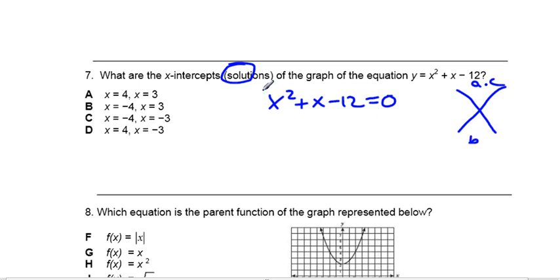A is 1 times negative 12 is negative 12. B is 1. So it's obviously going to be 3 and 4, and then 3 has to be negative. So we're going to break this apart as negative 3x plus 4x.